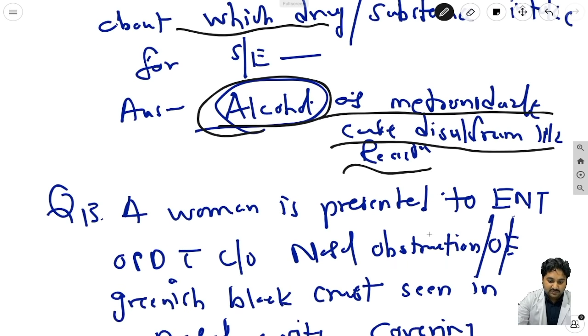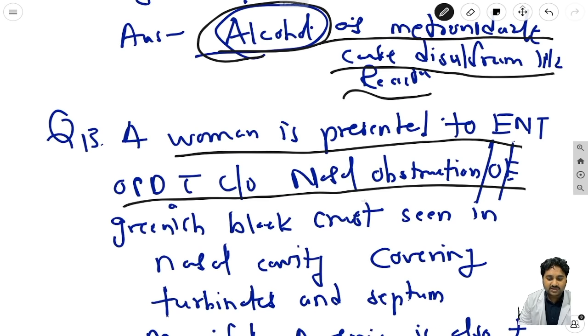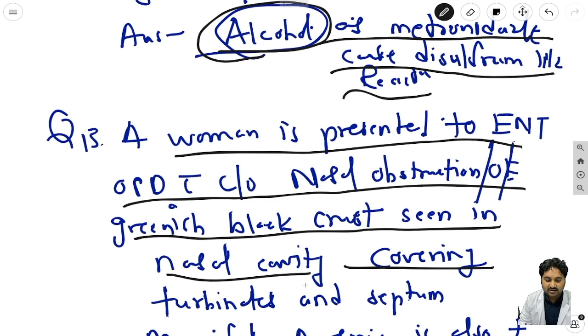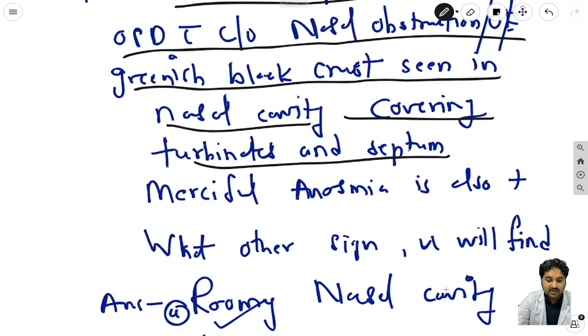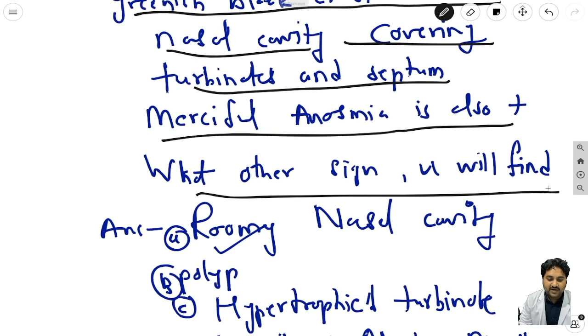Next question, a woman presents to ENT OPD with complaint of nasal obstruction. On examination, greenish black crust is seen in the nasal cavity covering the turbinates and septum. Superficial anosmia is also present. What other sign will you find?